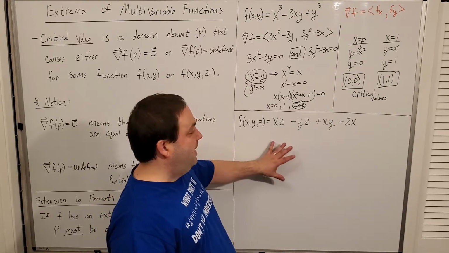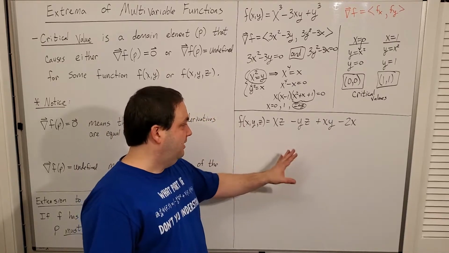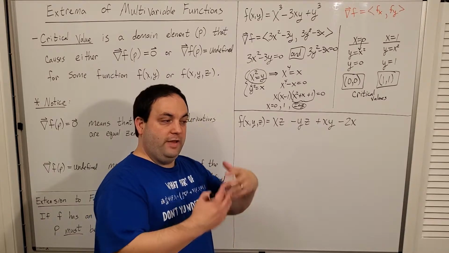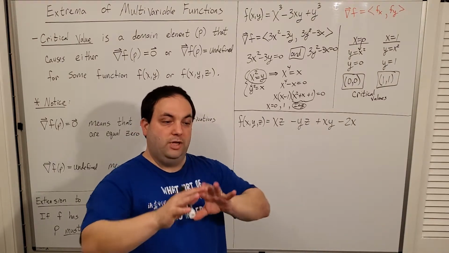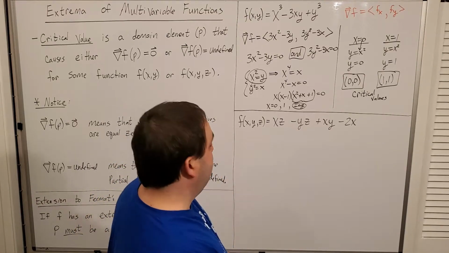So it still makes sense to optimize, to find critical values and things like that for 3-variable functions. You just have to treat it like I'm finding the maximum labeled object somewhere in 3-space or something like that. Let's go ahead and do this.